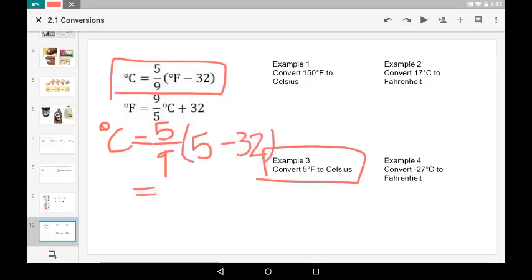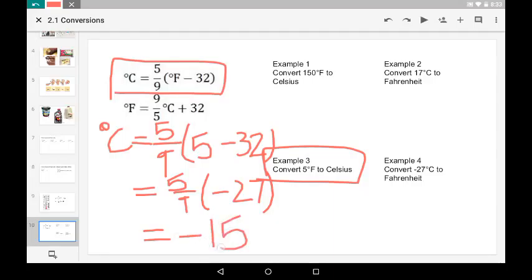Once you do your first step, 5 minus 32, you'll get a negative number. There's negative 27 over here. Multiply that out. Negative 27 times 5 divided by 9. You'll end up with negative 15 degrees Celsius.